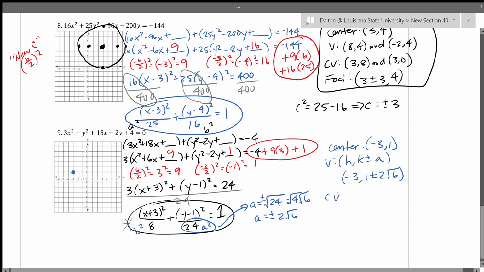The co-vertices are going to be similar, except that we're going to be adding b to the x-coordinate. So if you use that formula, that's going to be h plus or minus b, comma, k.